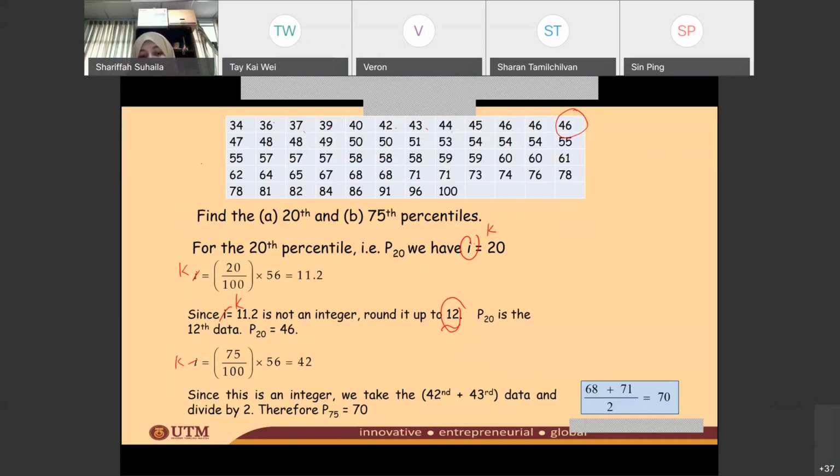Okay, so you take the average of the 42nd data and the 43rd data. You will have either 68 or 71. So you take the average value: 68 plus 71 divided by 2. So your P75 is equal to 70.